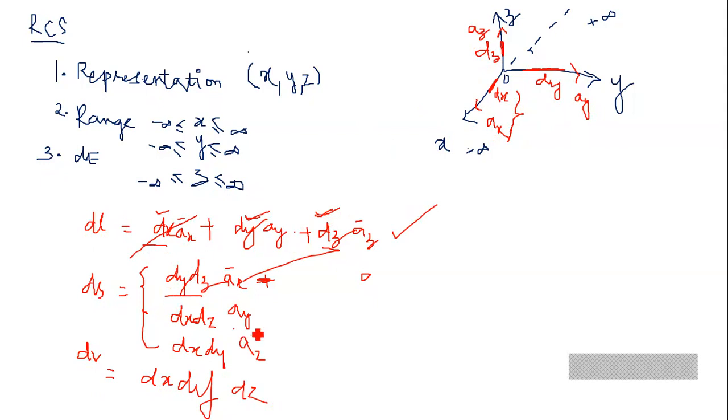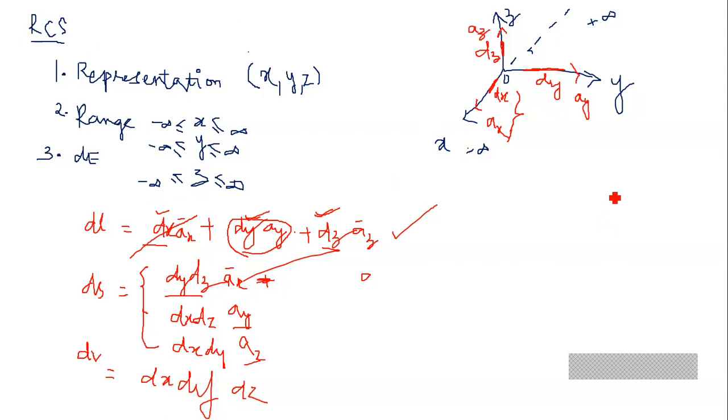If you want ay, discard this term and multiply the remaining dx dz. If you want az, discard the az term and multiply only dx and dy. For volume, you need to multiply all three: dx, dy, and dz. Hope it is clear at your end.